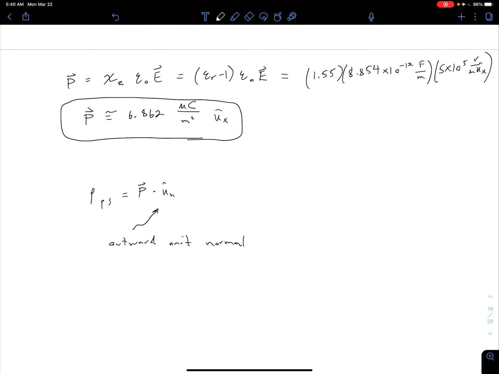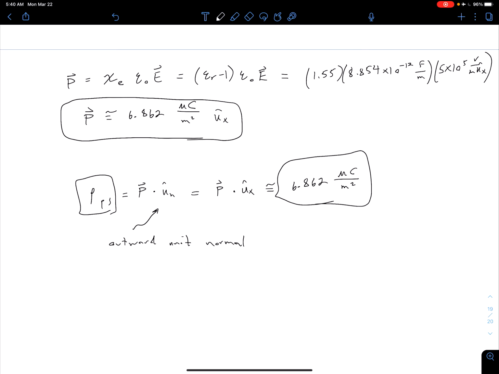All we have to do is plug in, so we have our polarization dot u of x, and of course u of x dot u of x is just 1. So our bound surface charge density, or polarization charge density, is approximately 6.862 microcoulombs per square meter.